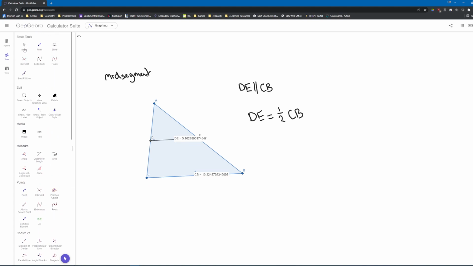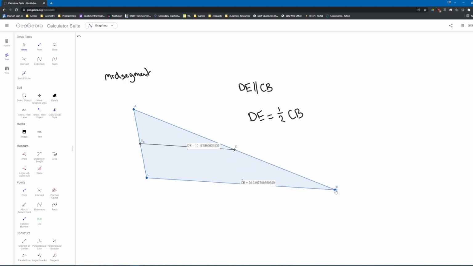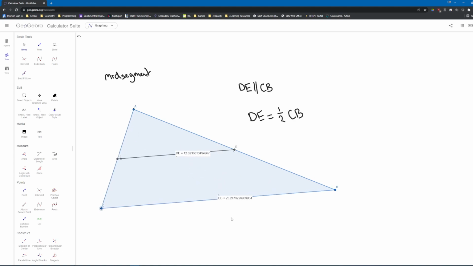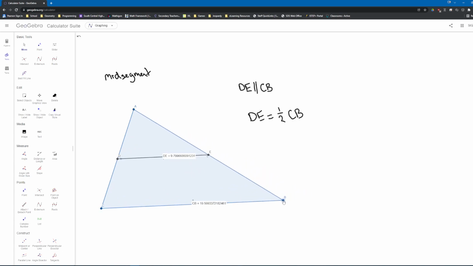And we can adjust and move this around. So like we have 10.16, 20.32, 12.6, 25.24. Sorry we have these crazy decimals, but 10 to 20. So this is always true.